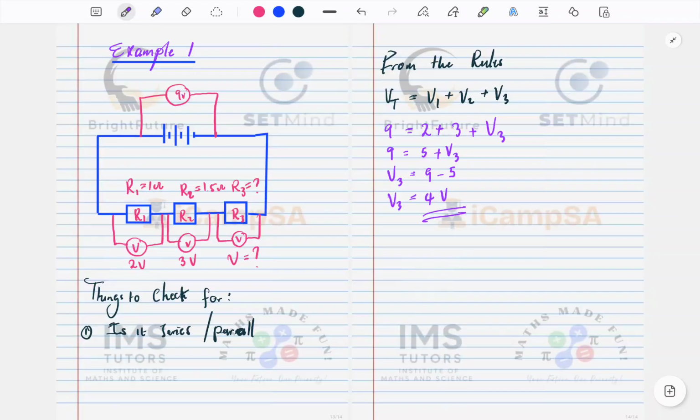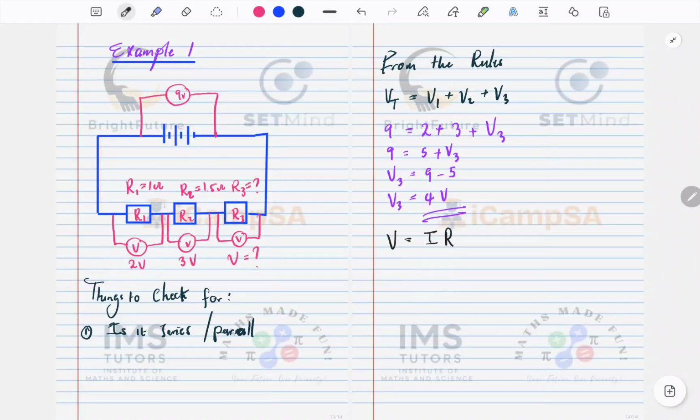And then let's see this R here. How do we then calculate R? We know from the rules again. Let's go back to the formula that I gave you: V equals IR.